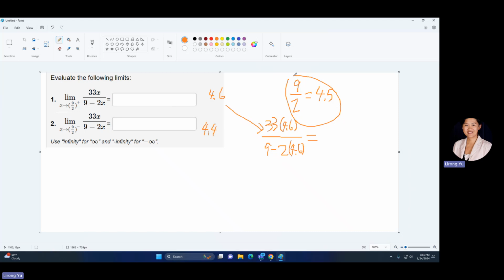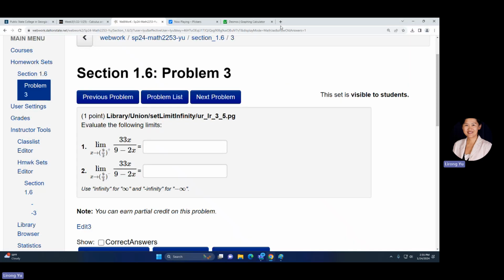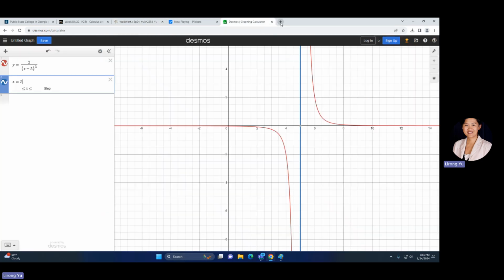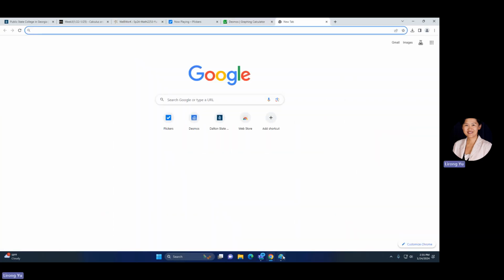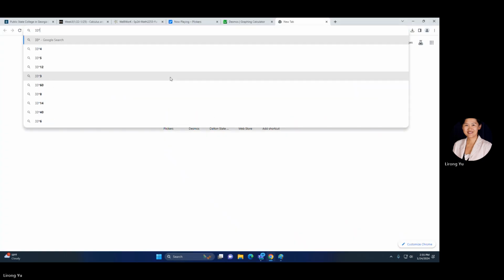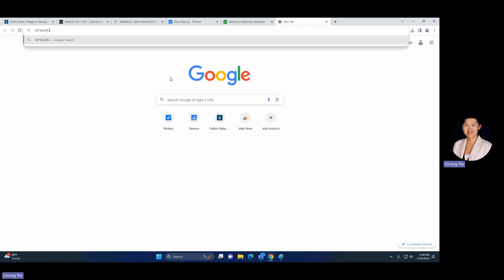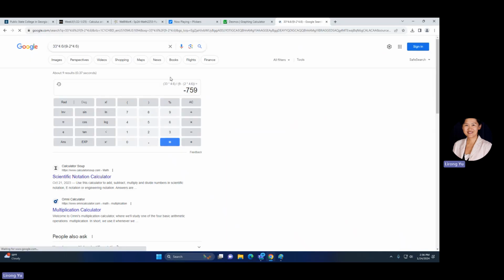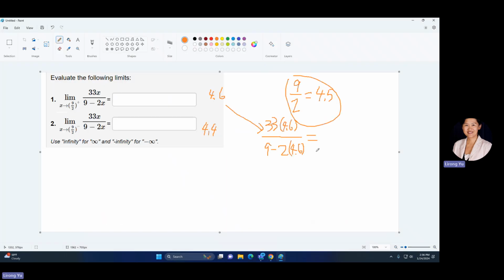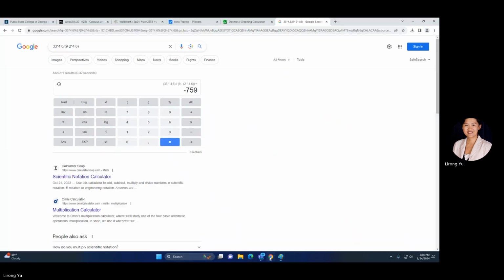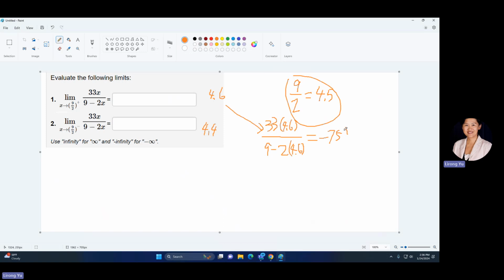And you can see, using 4.6, the numerator is 33 times 4.6 divided by 9 minus 2 times 4.6. So the first one, we're getting negative 759.